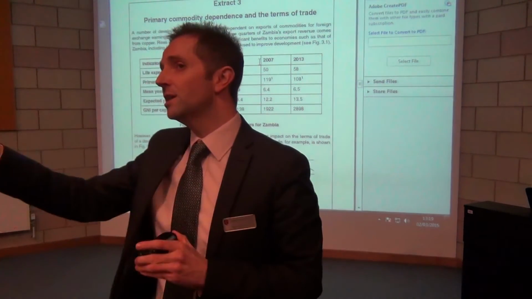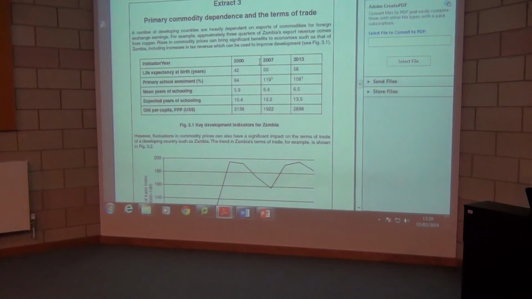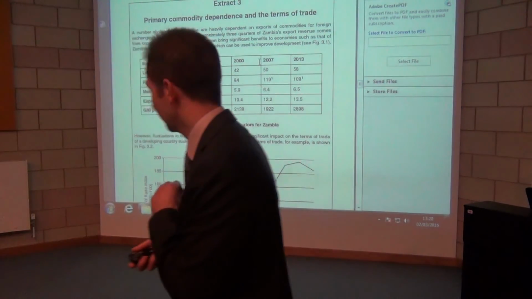But there is, on the explain section of the trade and integration component of the specification, one of the bullet points is explain the meaning of purchasing power parity. I think, more than likely, potentially, that'll be the 4-mark question for this particular paper.